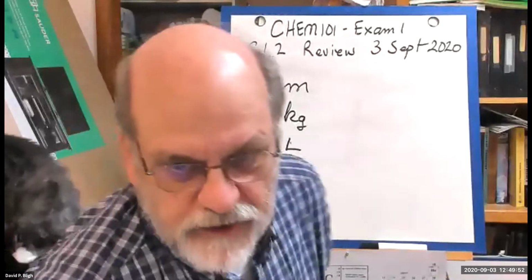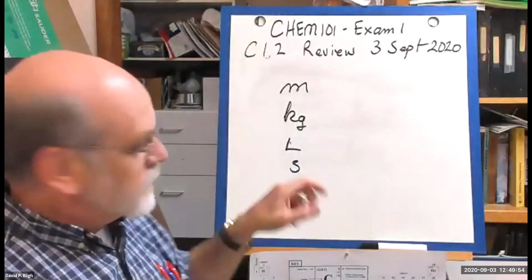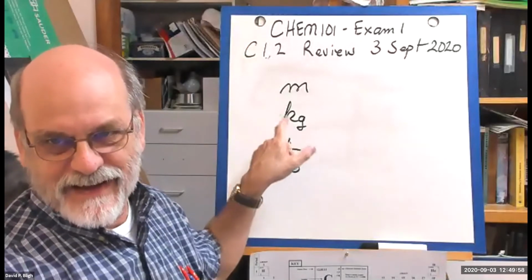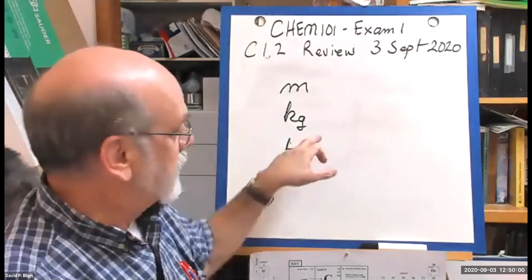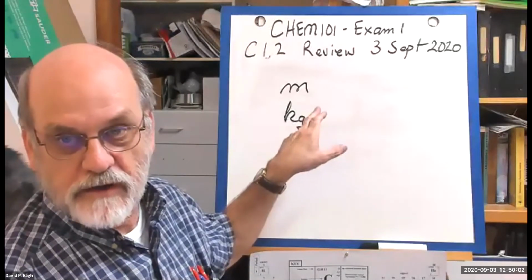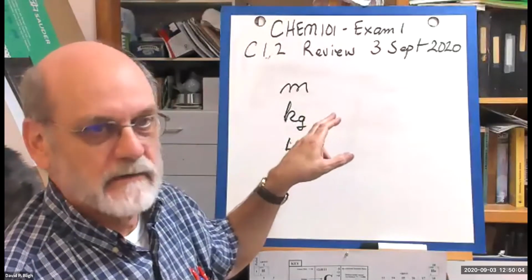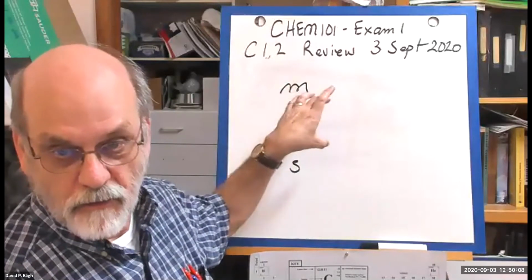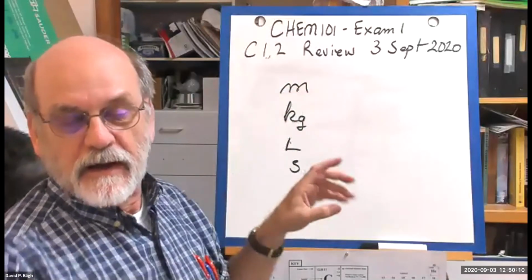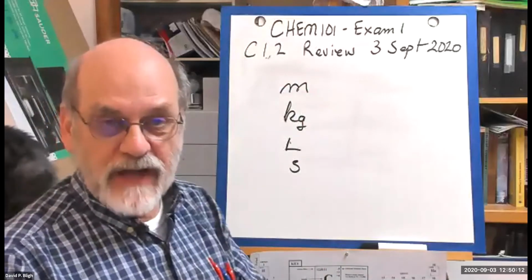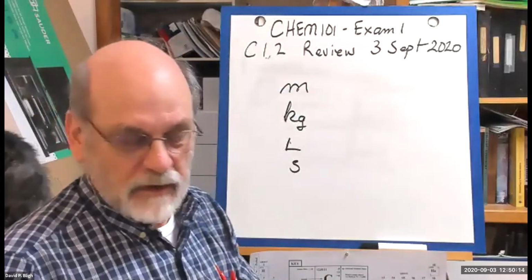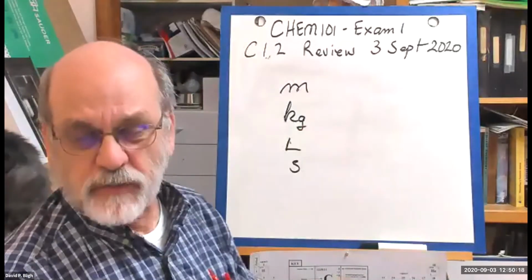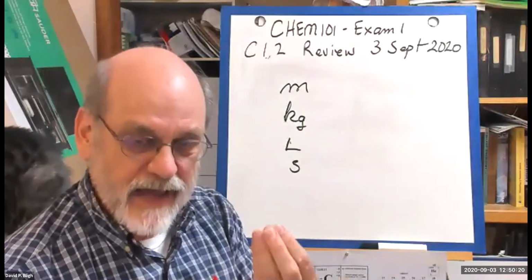Now there's one exception. This fundamental unit, kilogram, already has a prefix. The reason for that is that gram was inherited. It's a historical mass. But when it was standardized, a gram was too small to standardize a mass.